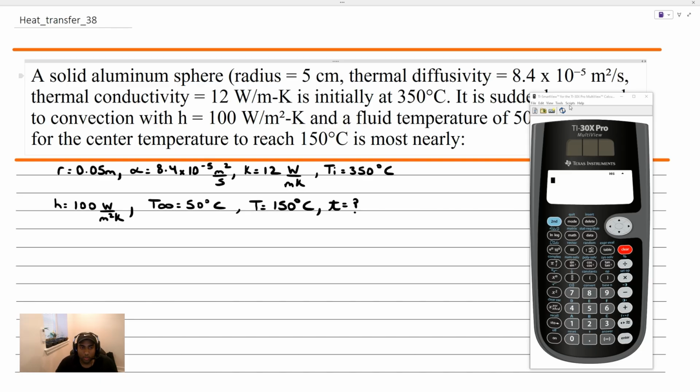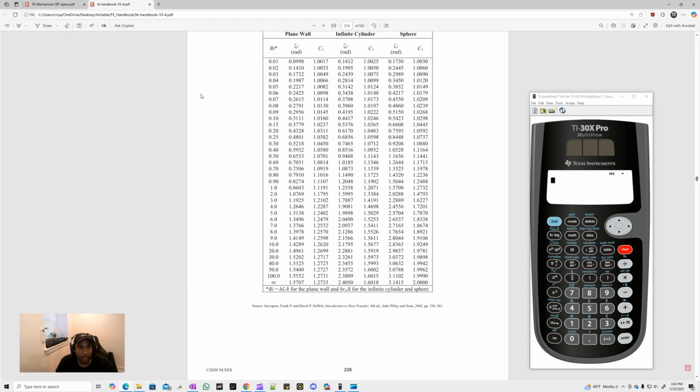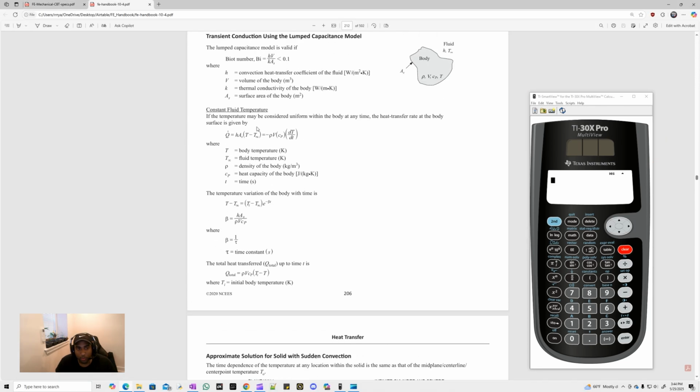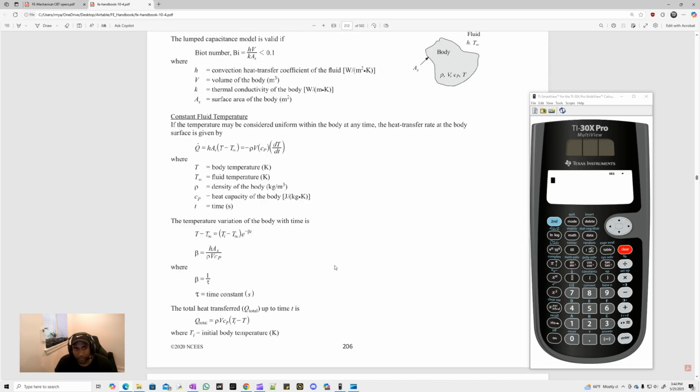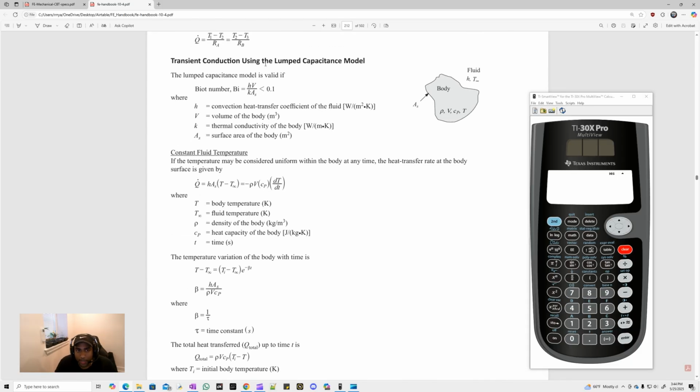If we have a transient process in heat transfer, we really have two options: we can either use a numerical solution, which we use if we can't use the first option, which is lumped capacitance. If we go into the official FE reference manual, version 10.4, page 206 approximately, we see that lumped capacitance is essentially a model that says that the temperature anywhere in the body is exactly the same, but the temperature is changing with time.